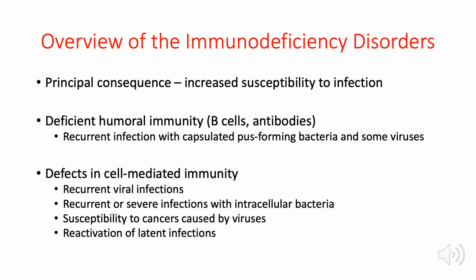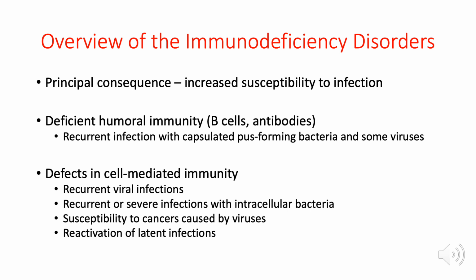IgG is an antibody, and antibodies are produced by B cells. Viruses are also neutralized by antibodies. So if you have a problem with B cells and there is low or no production of antibodies, most likely you will have increased susceptibility to infections caused by capsulated bacteria and some viruses.